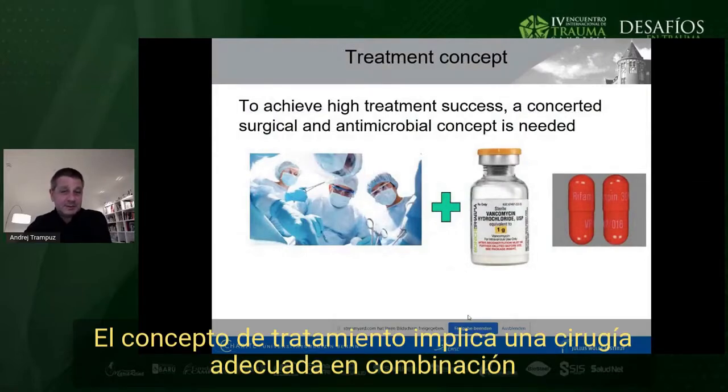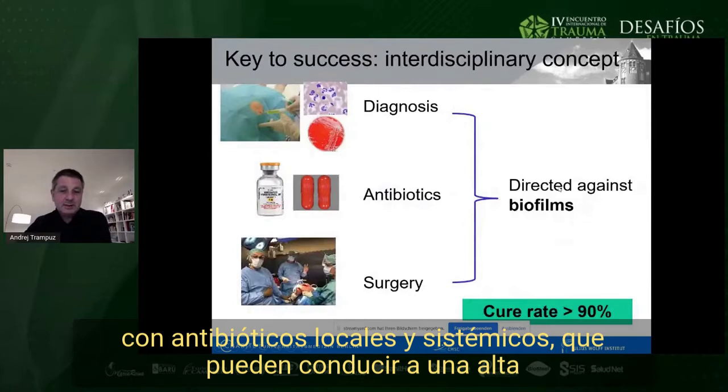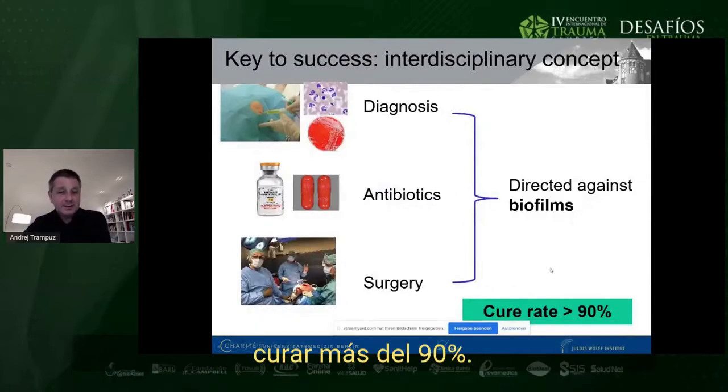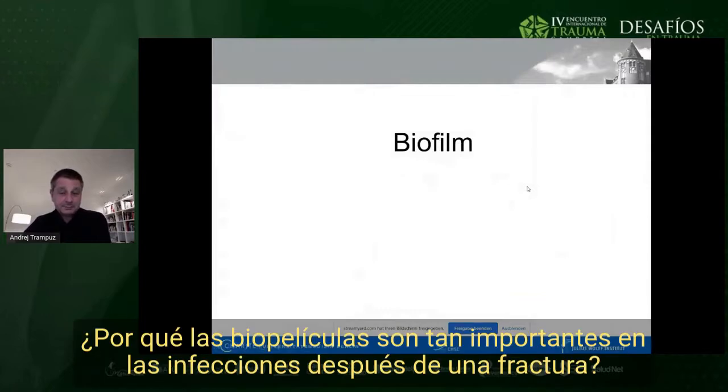The treatment concept involves a proper surgery in combination with local and systemic antibiotics, which can lead to a high cure rate, more than 90%. However, we need an interdisciplinary concept directed against biofilms.